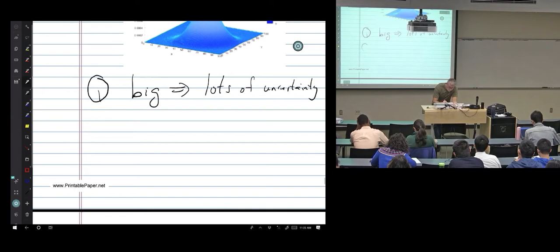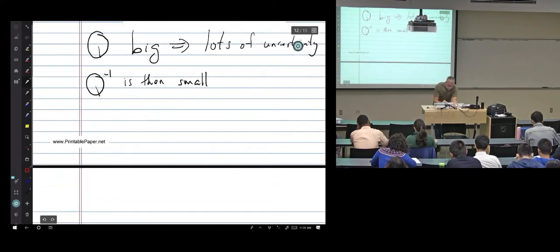So Q big, we talked about this before. Q inverse is then small. Q inverse, once again, is called the information matrix.